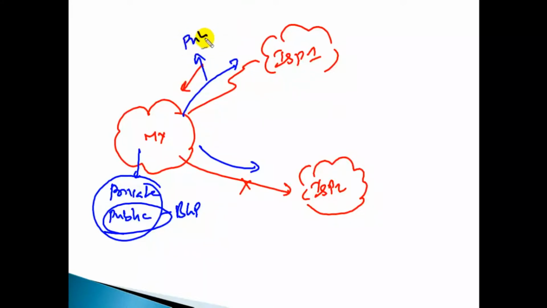We want to filter out all the private addresses when advertising to the ISP, because the internet does not recognize private IP addresses. So that is one more scenario where BGP route filtering is applicable.